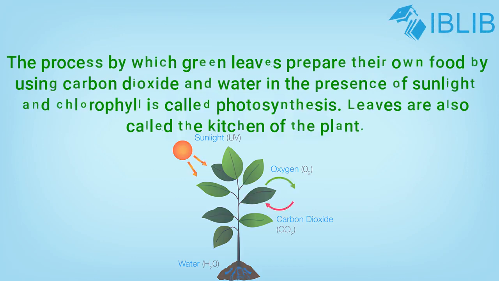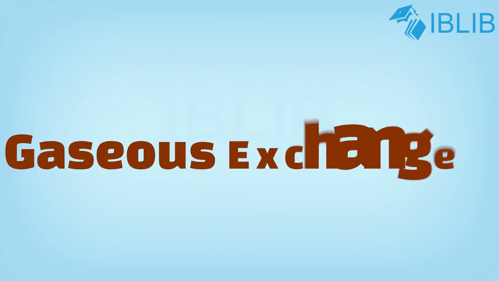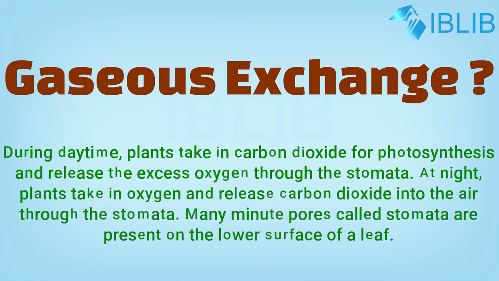The second function is gaseous exchange. During daytime, plants take in carbon dioxide for photosynthesis and release the excess oxygen through the stomata. At night, plants take in oxygen and release carbon dioxide into the air through stomata.